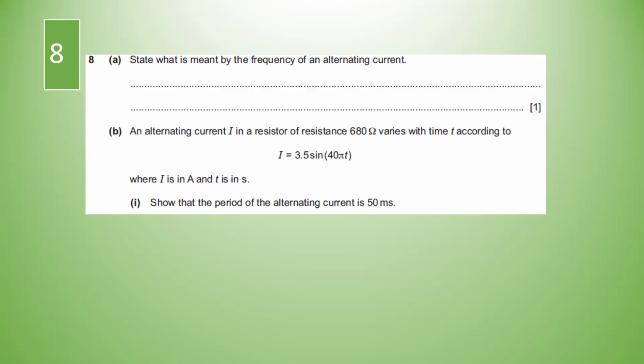Say what is meant by the frequency of an alternating current. Number of complete cycles per unit time.